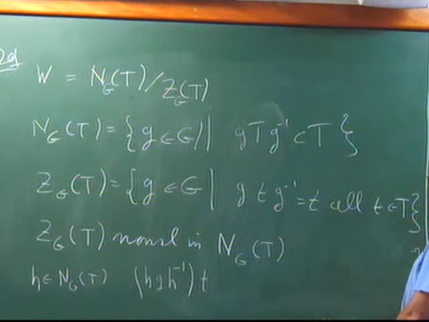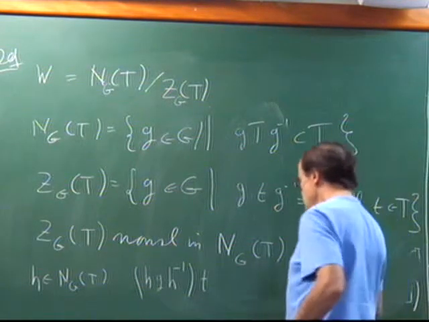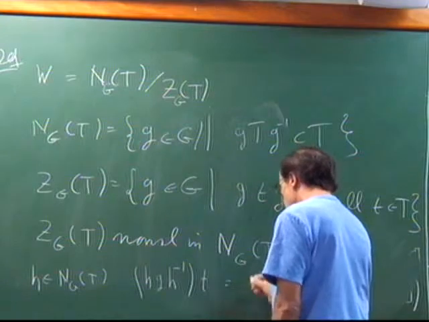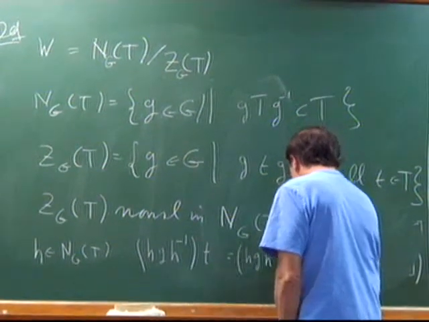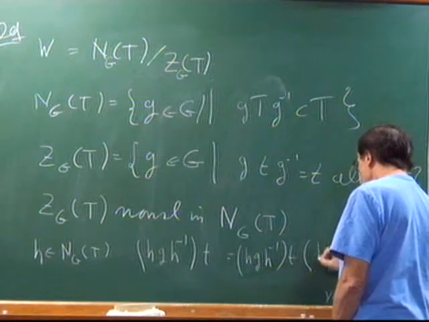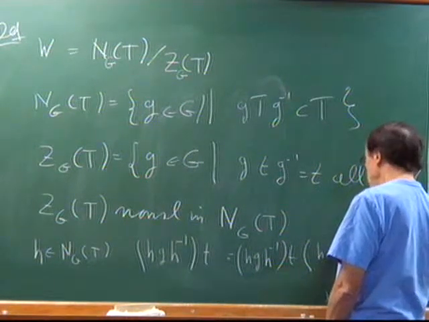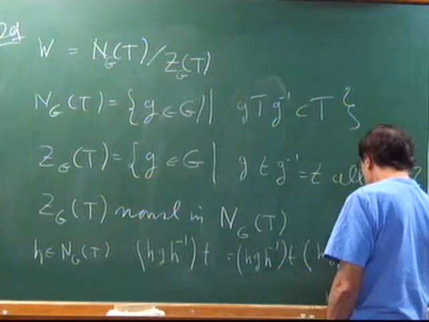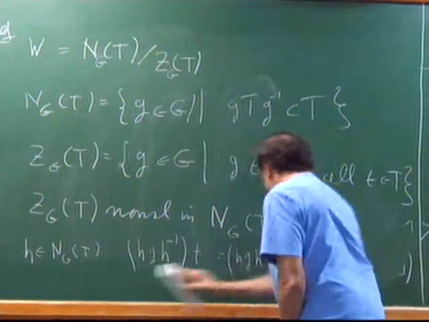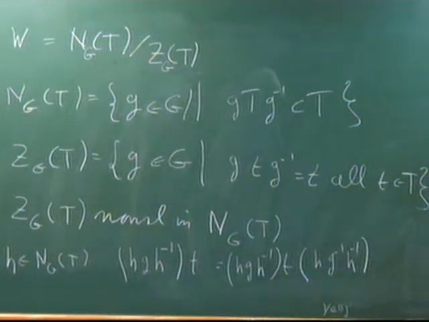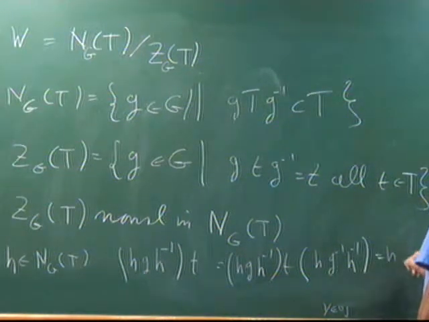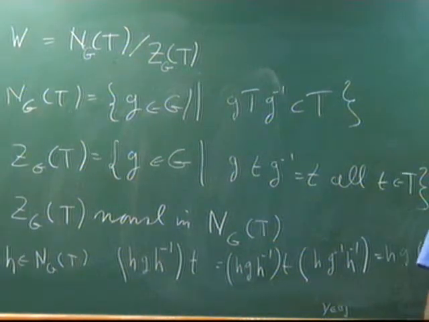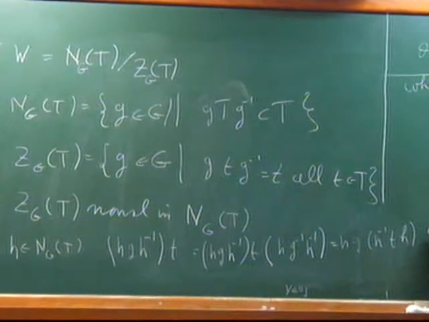So let's see. What does that mean? It means that I conjugate, right? h g h inverse times t times the inverse, that's h g inverse h inverse. And of course, that's now h g h inverse t h g inverse h inverse.